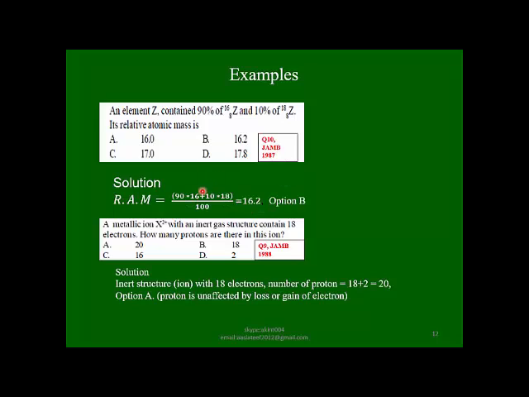This is how to do it. This is the 90% of this. We multiply them together. The 10% of this, we multiply them together, and we add them together, then we divide it by 100 because it is percentage. Or you can say 90% is 0.9, multiply 0.9 by 16, plus 0.1 by 18.